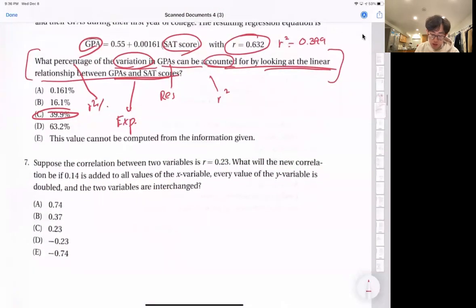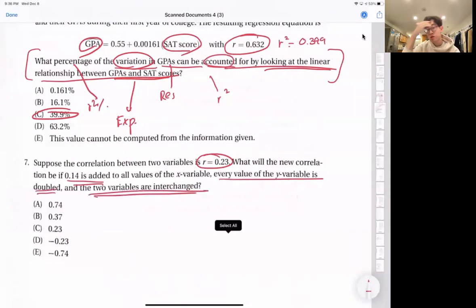Suppose the correlation between the two variables, R, is 0.23. So you add 14 to every value, every value of the Y variable is doubled (you multiply it by 2), and the two variables are interchanged. No matter what you do to the data itself, you can try this with creating your list 1 and list 2. You can see this for yourself. 1, 2, 3, 4, 5, and then try 6, 7, 8, 9, 10.